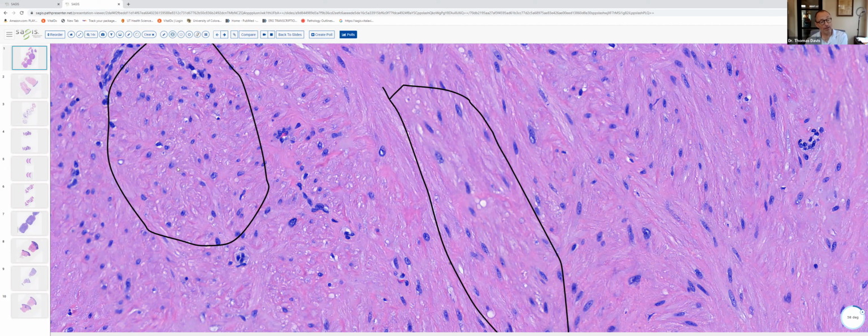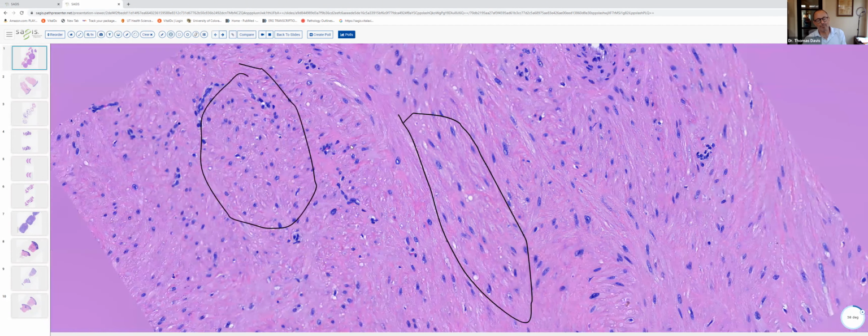Note that there are perinuclear vacuoles here, that the cells have fairly abundant pale staining cytoplasm, and the cytology is suggestive of a benign neoplasm. The chromatin pattern is very uniform. There's not much in the way of nuclear pleomorphism, and there's no necrosis or mitotic figures.